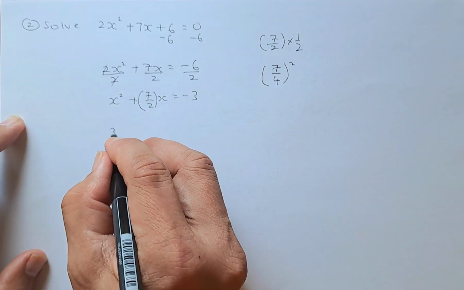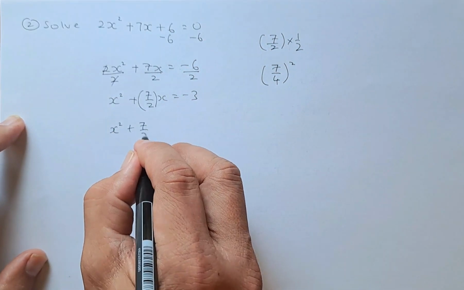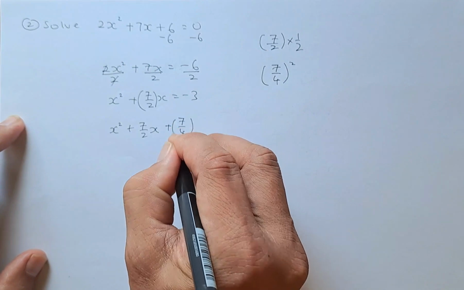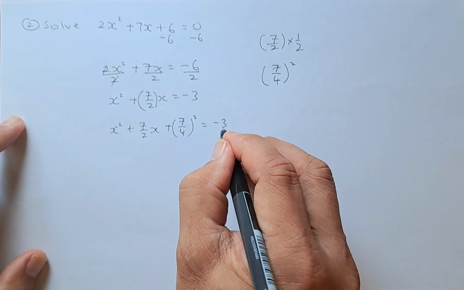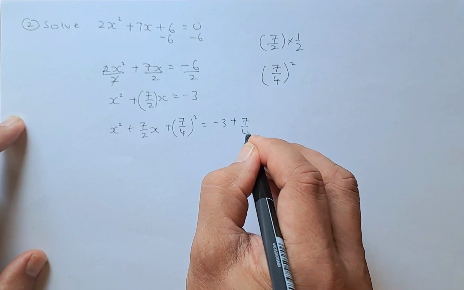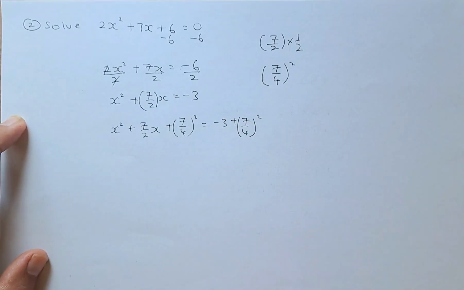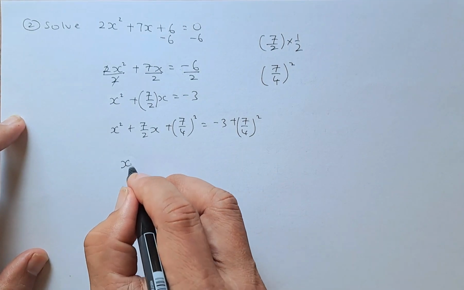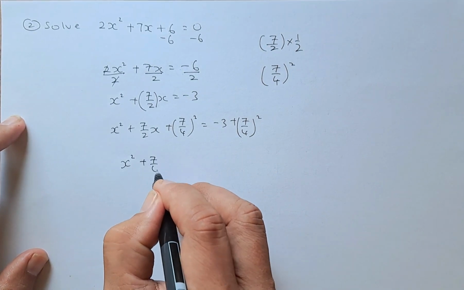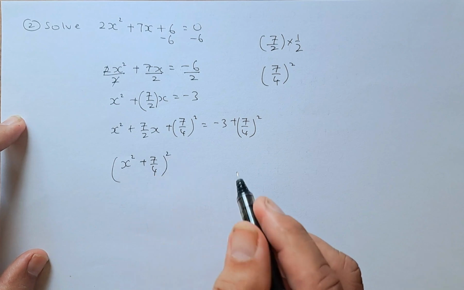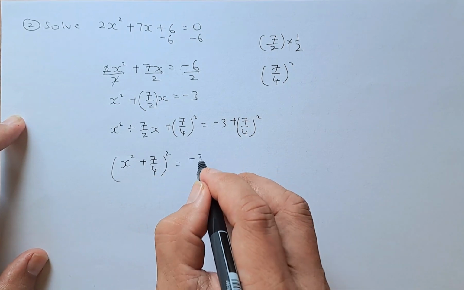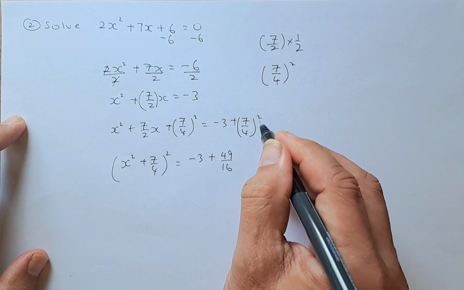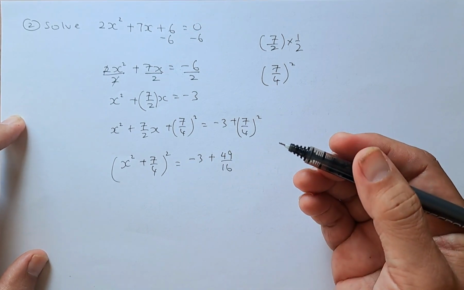So it's going to be x squared plus 7 over 2 x plus 7 over 4 squared equals minus 3 plus 7 over 4 squared. And this is a perfect square. This is actually x plus 7 over 4 squared. It's going to be minus 3 plus 49 over 16, because 7 squared is 49, 4 squared is 16.